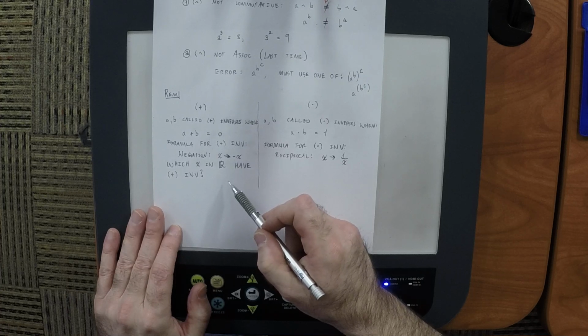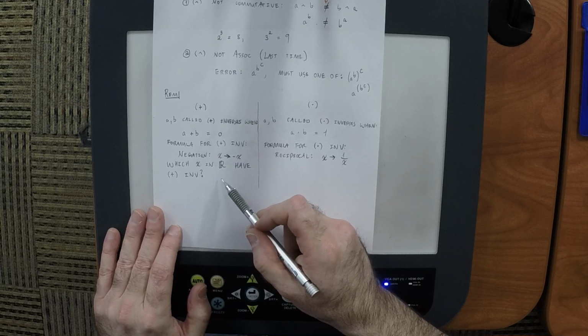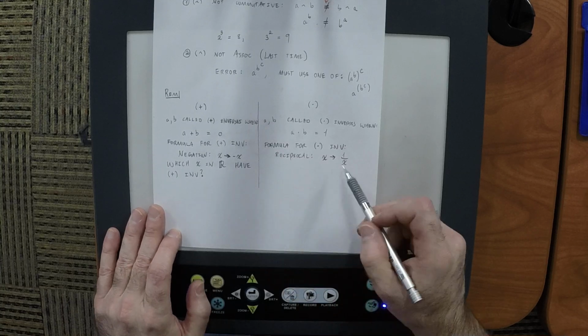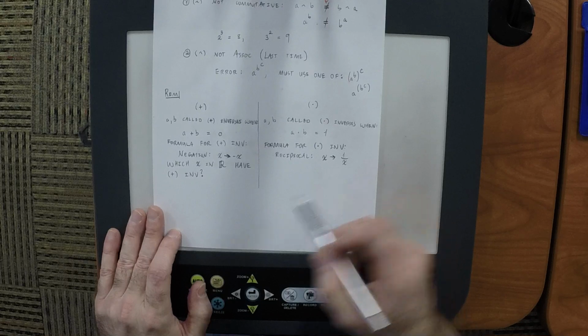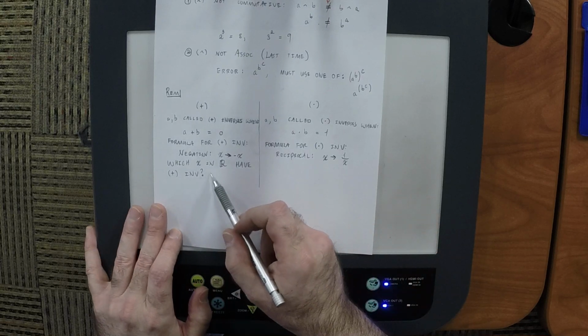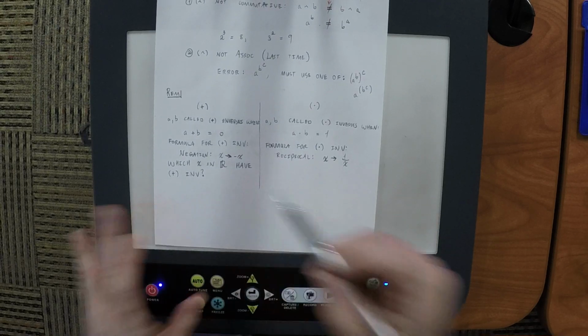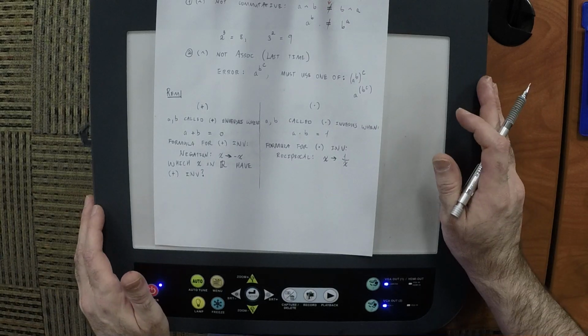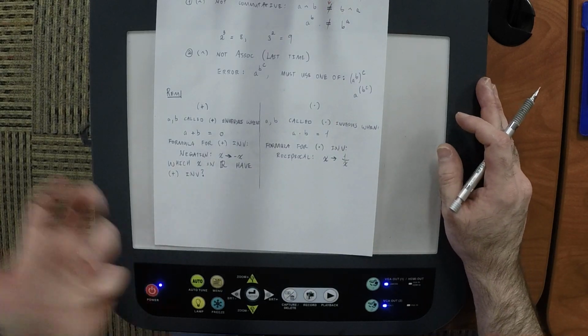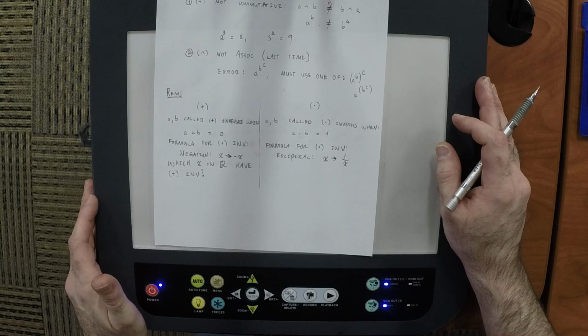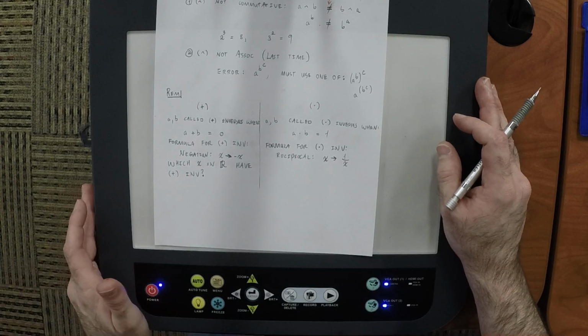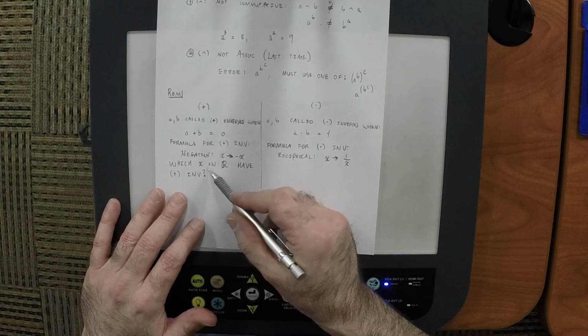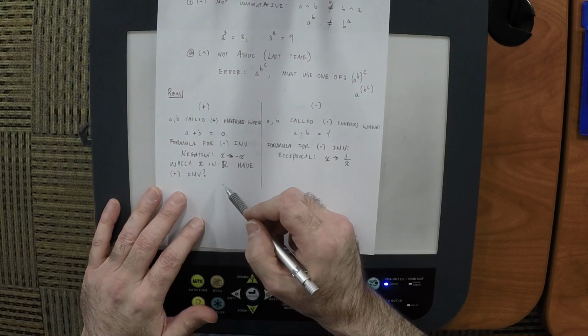All non-zero. So in this case, it's just all of them. So to confirm that 0 has an additive inverse, is there a number that you can add to 0 so that you'll get 0? 0. Okay, so then over here the question is which x in the reals have an additive inverse?